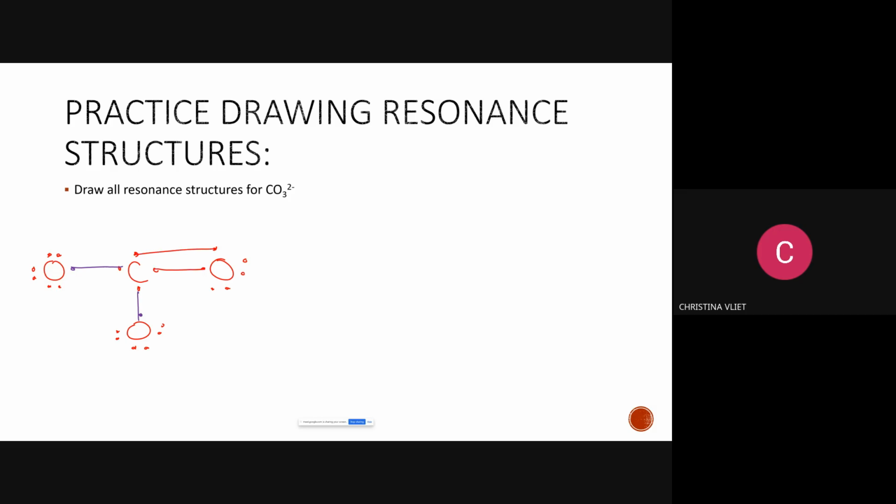But the double bond didn't have to be there, right? So this is one resonance form. The resonance form says that this double bond could have been over here, or it could have been down here. Those are the 3 different variants. So you would then draw this and say, okay, so I know that the double bond could have been there, or it could be here. How would that affect oxygen's electrons?